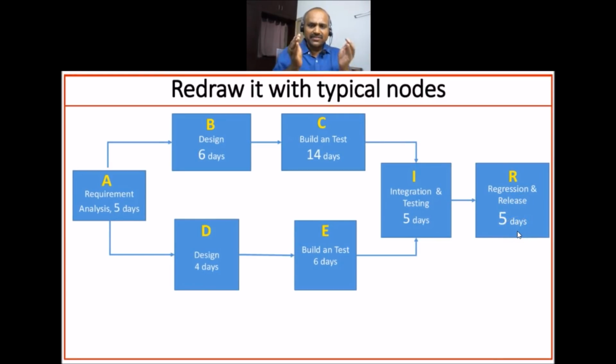It's a very simple example I have taken, where you conduct requirement analysis for 5 days and then it branches off into two different modules. B and C represent one module and D and E represent another module. Once both modules are completed, you integrate them and then finally you do regression and release.